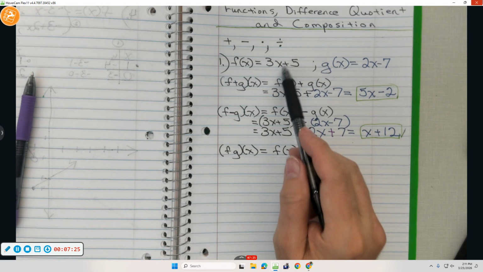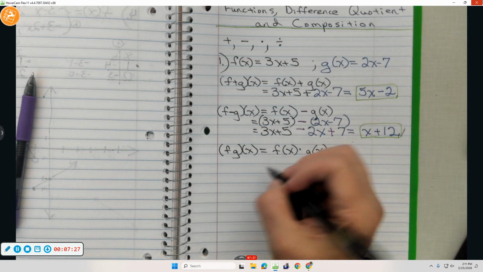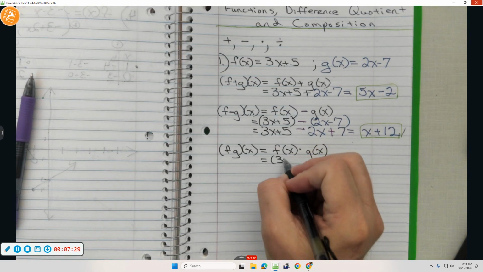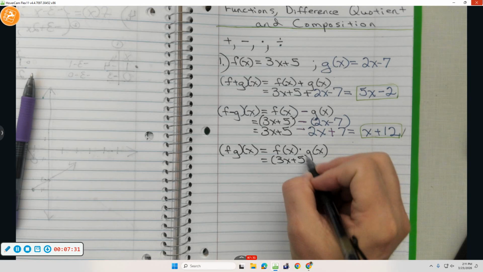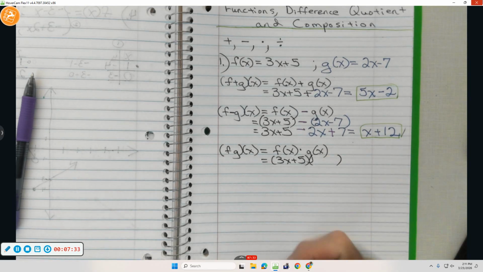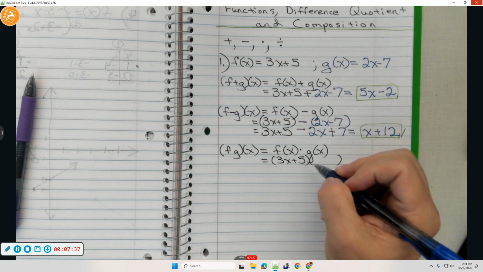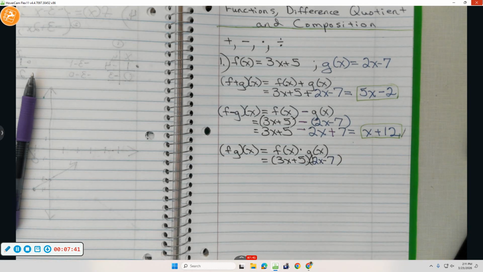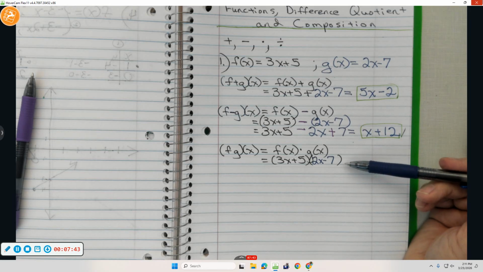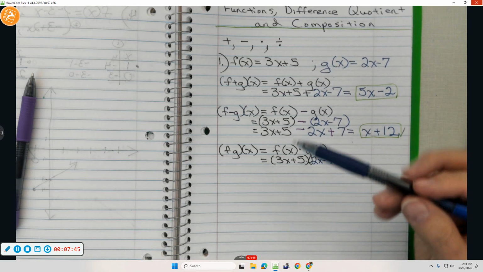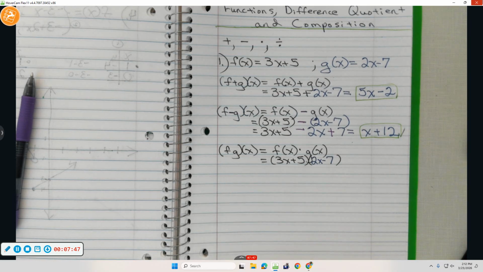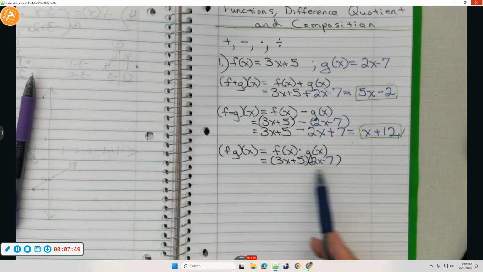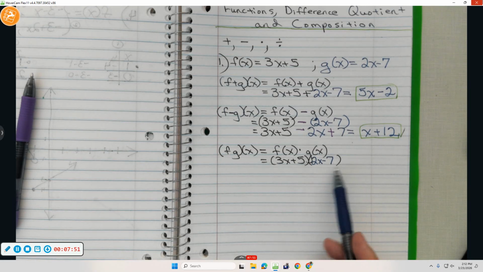You're going to take f of x, 3x plus 5, and you're going to multiply it by g of x, which is 2x minus 7. What are we going to have to do here? The algebra is not new. We've been multiplying things like this. All that's new is what does that FG notation mean? What are we going to have to do to perform this multiplication?